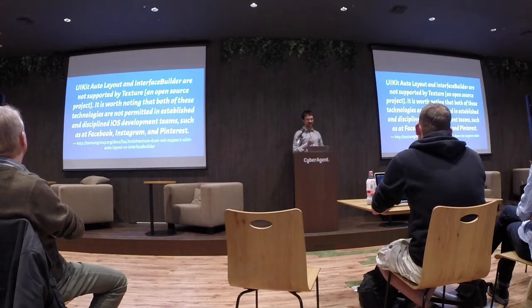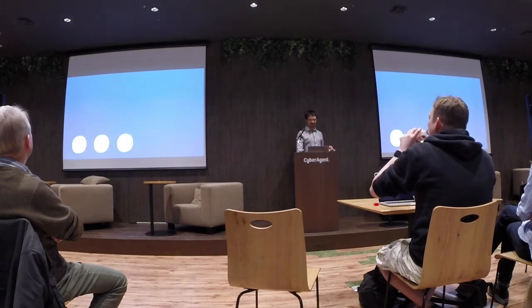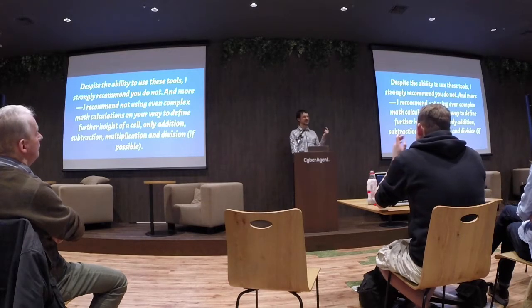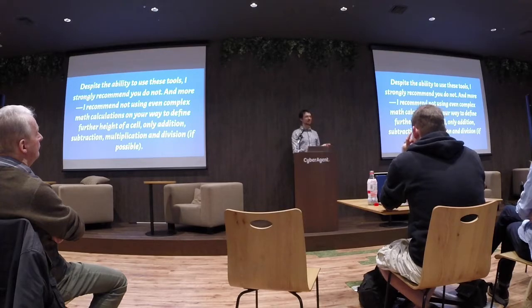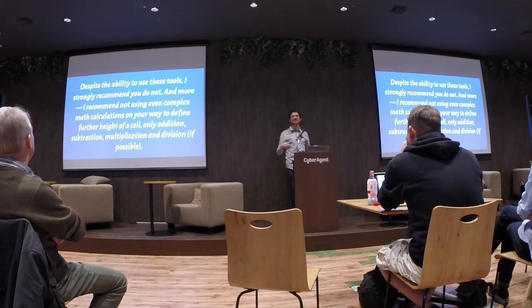Notice they say that Pinterest, Instagram, and Facebook all don't use auto layout. Well, let's think about this for a second. Pinterest, Facebook, Instagram are all social network apps that have a feed of content where the smooth scrolling of that content is very important, and they're trying to achieve smoothness. They're trying to achieve 60 frames per second, something like that.